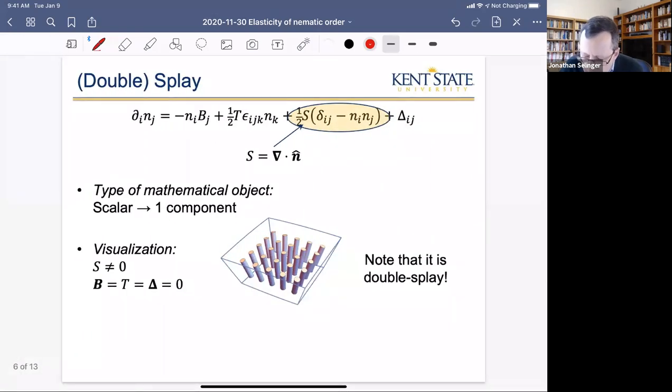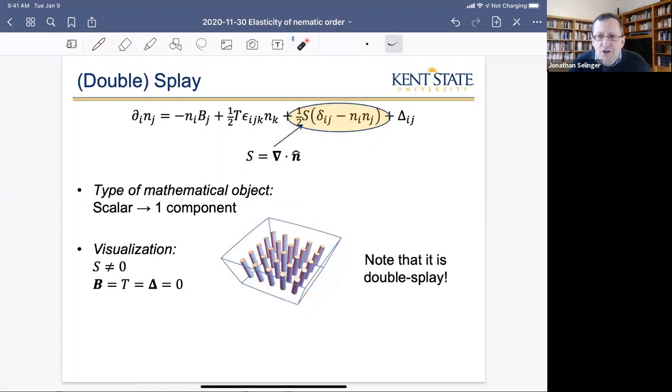The third mode is what's called splay. That is the piece that's written out here. Right? What it looks like is this little cartoon.